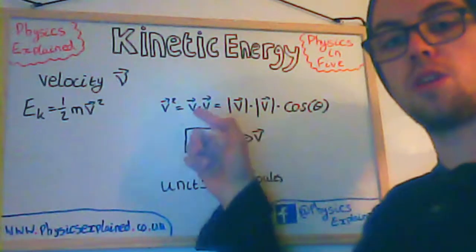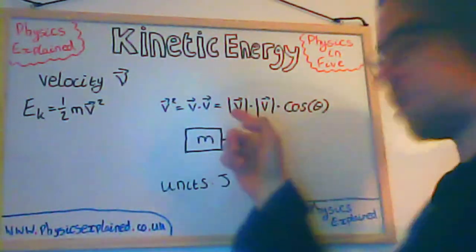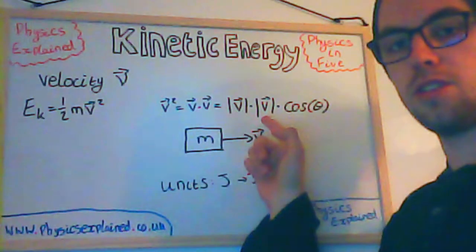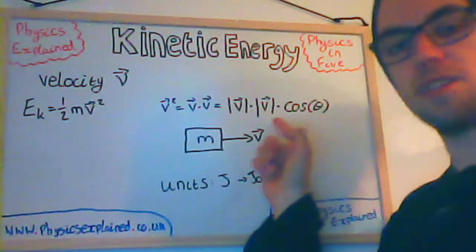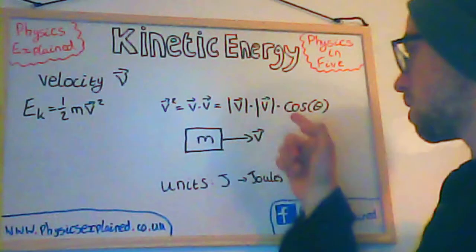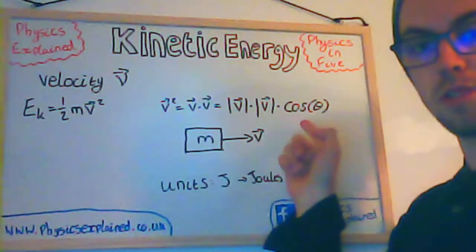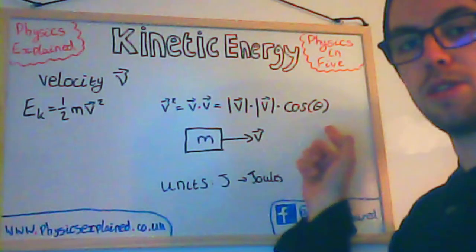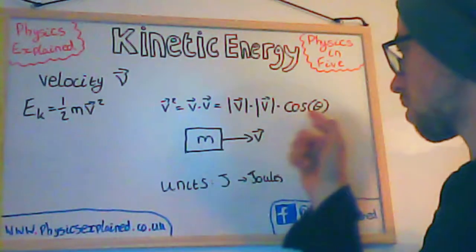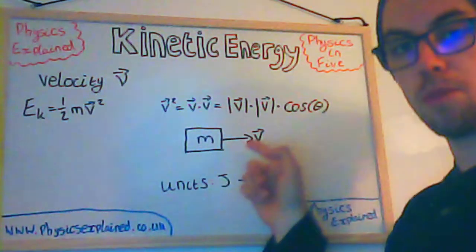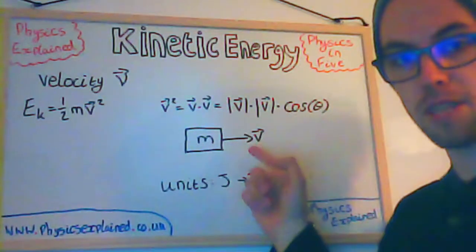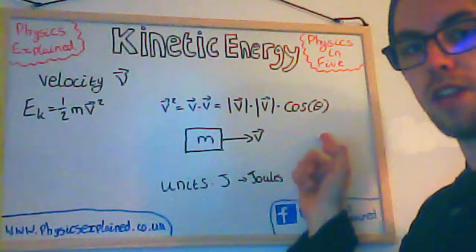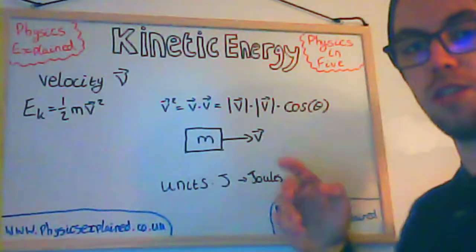So, what is a dot product? A dot product is the multiplication of the magnitude of both vectors, in this case they're both the same, times cos, which is a trigonometric function, of the angle between them. Now, because they both point the same direction and have the same magnitude, this angle here, this theta angle, is 0.